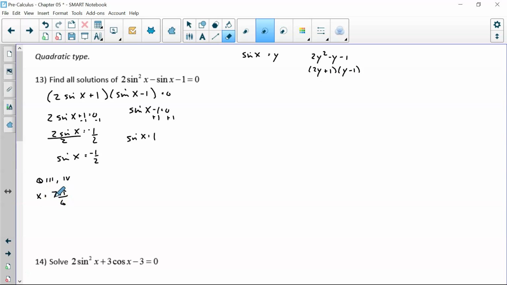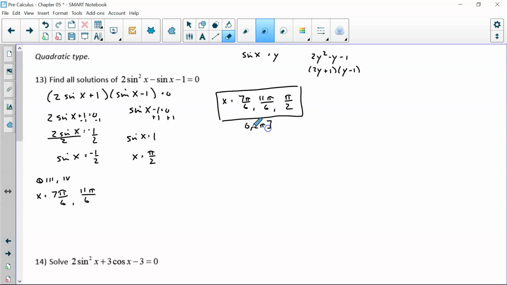And to be in quadrant 4, that's 11 pi over 6. Now, when sine is 1, don't forget about those quadrant angles. That's when x is pi over 2. So now, x equals 7 pi over 6, 11 pi over 6, and pi over 2. Those are all of our solutions from 0 to 2 pi.